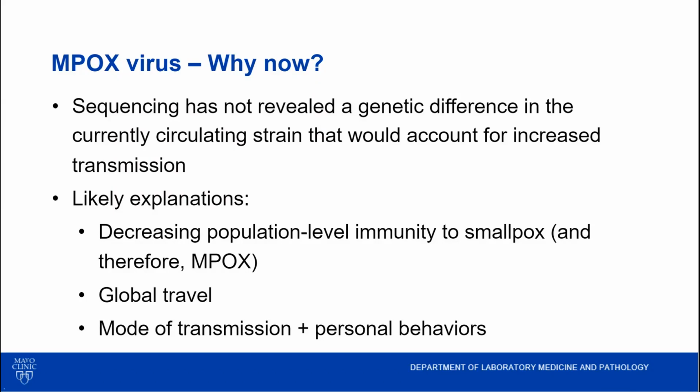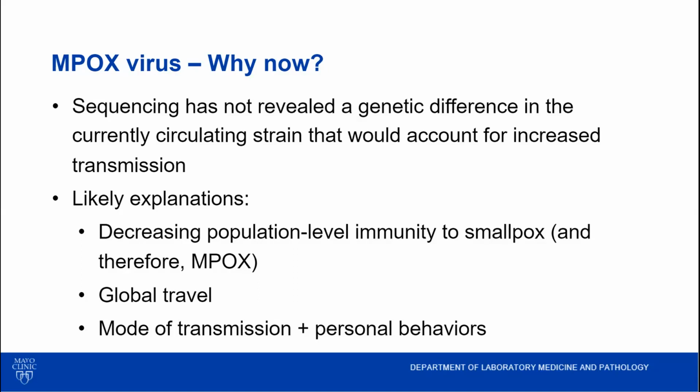The first and foremost is the decreasing population level immunity to smallpox. Many of your parents, grandparents, great-grandparents were vaccinated against smallpox virus. And you'll remember that smallpox is a member of the orthopoxvirus genus, and there's cross protection of smallpox with MPOX.